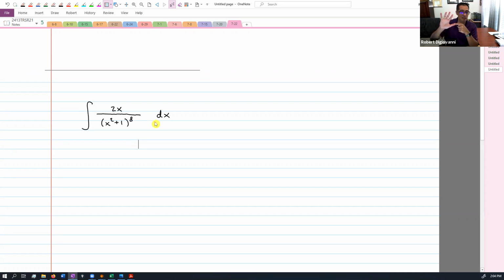And then the last technique is called partial fraction decomposition. Those are the 5 basic techniques for learning how to integrate things or finding antiderivatives. Every one of them is different. You use them in different places. It depends on the problem.